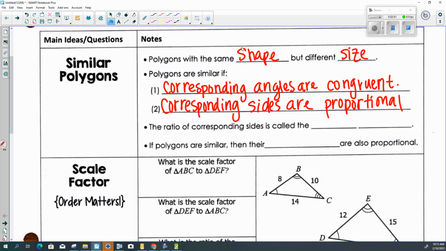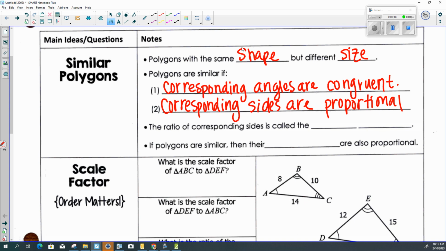Going back to the Barbie house, if I measure the Barbie door and it's 2 centimeters, maybe an actual door will be 2 feet or 4 feet. So you would double it and change the measurements. The height of the door would be times 2, and the width of the roof would be times 2. That's what proportional is. It gets the same amount bigger in all of the sides.